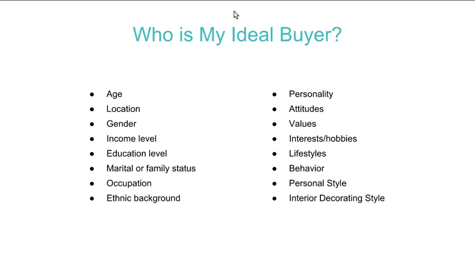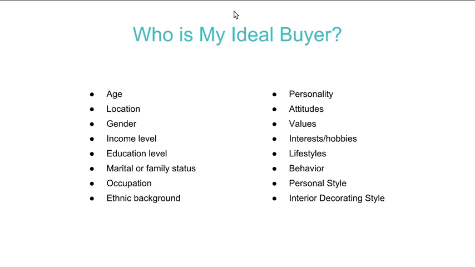So I want to challenge you, when you're doing this ideal buyer analysis, to also think about the not so overt characteristics of your ideal buyer. You need to dig a little bit deeper than just the surface information about this person. So think about their personality. What's their attitude like? What's their outlook on life? What kind of values do they have?